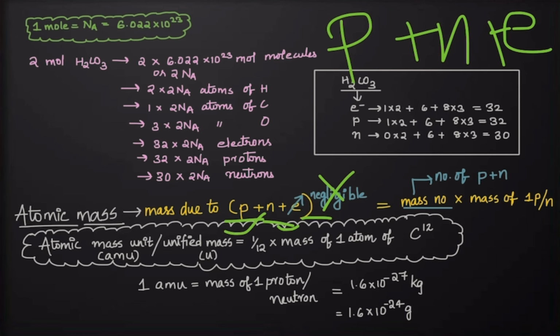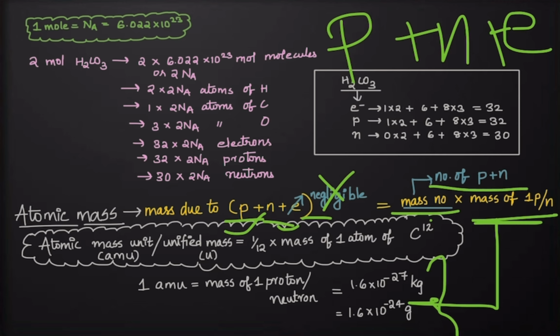So atomic mass is equal to mass number into mass of one proton or neutron. Mass of one proton or neutron is equal to 1.6 into 10 raised to minus 24 gram or 1.6 into 10 raised to minus 27 kilogram. Mass number is equal to number of protons plus neutrons.